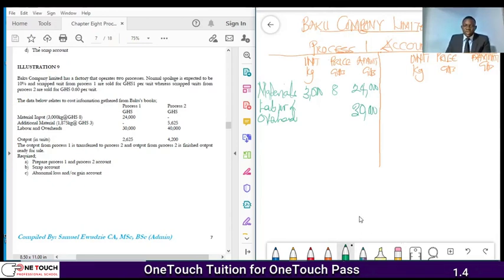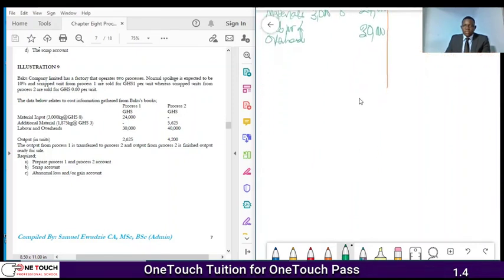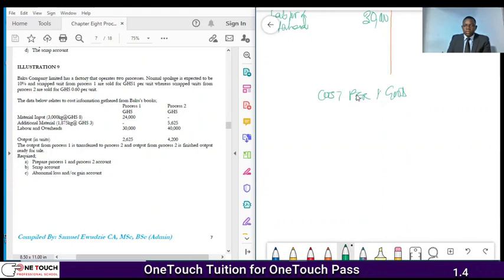Okay, so let's do some short workings here. That is the cost per kg of good production. Amount here, the units, kg.